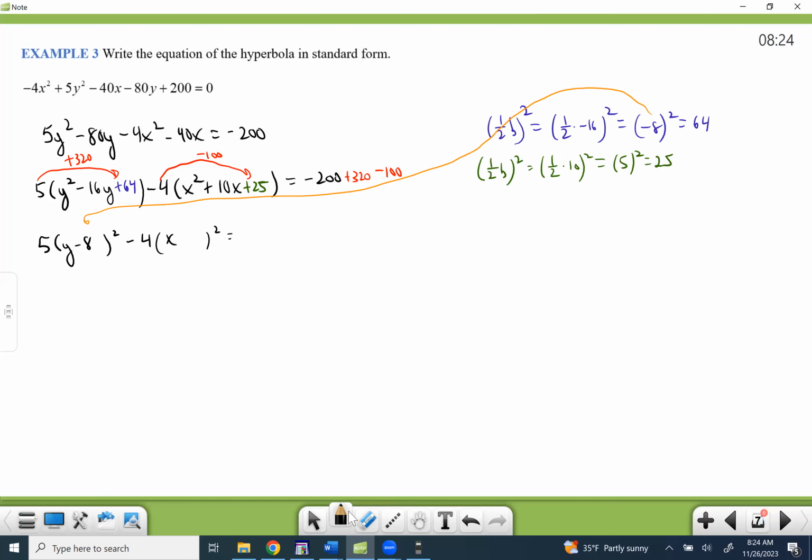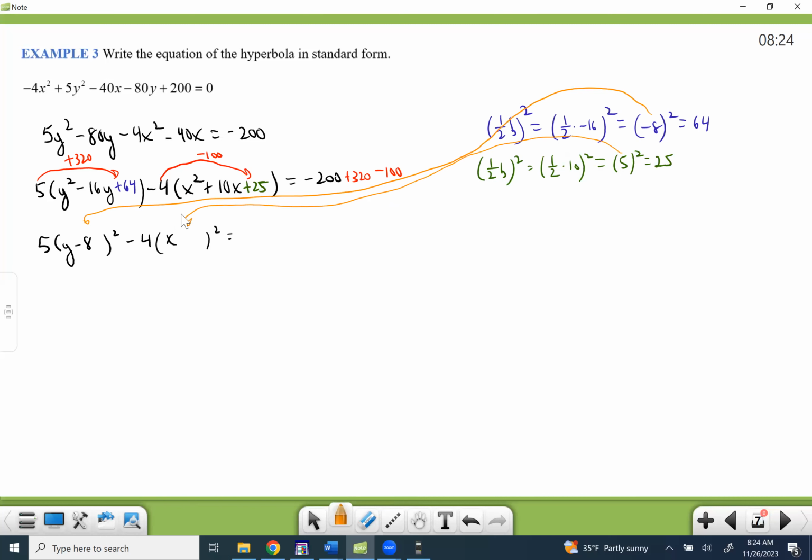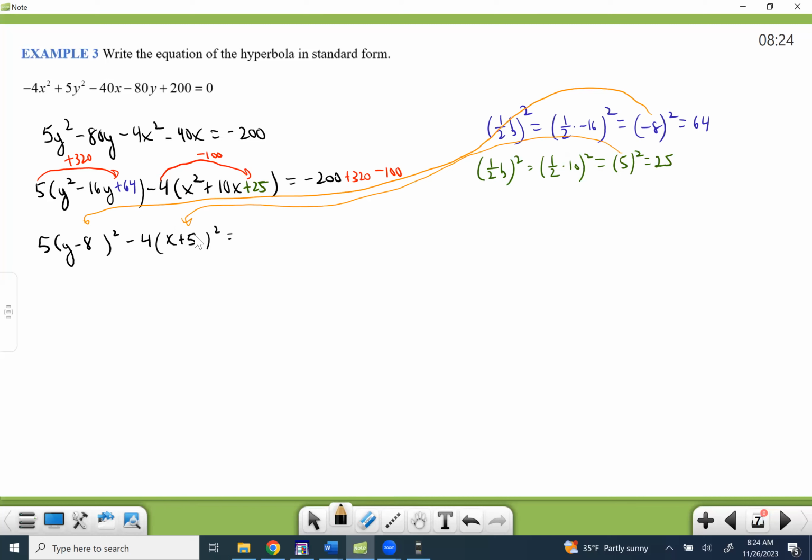And then for the next one, we're going to take this 5 and put it in right there. It's a +5. So this is going to be x plus 5. And you can tell that works because -8 times -8 is 64, and -8 plus -8 is -16. 5 times 5 is 25, but 5 plus 5 is 10. So we indeed got the correct factorization.